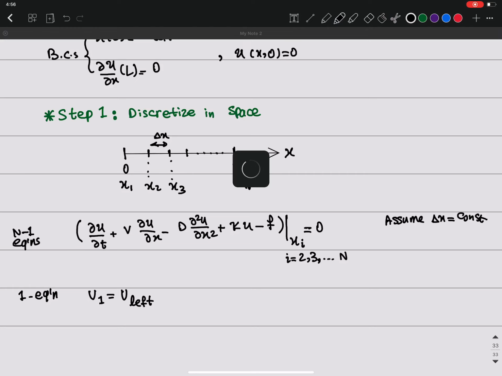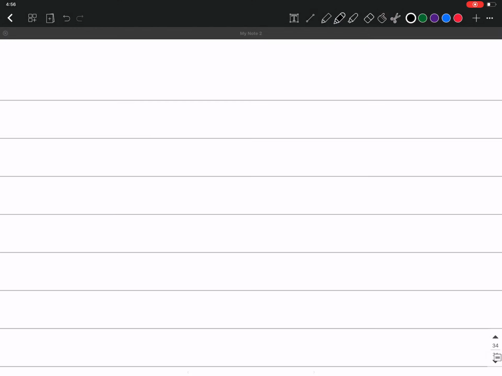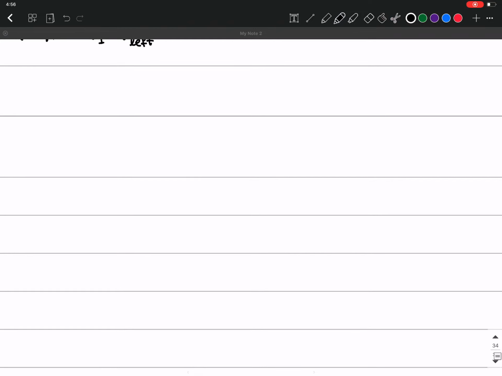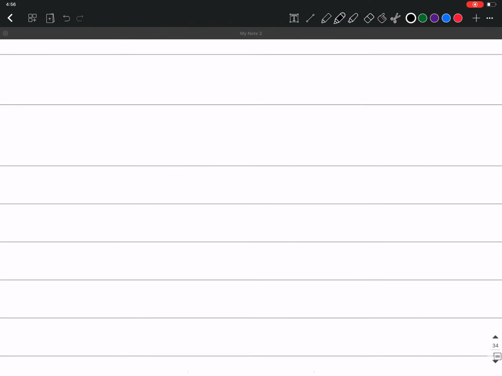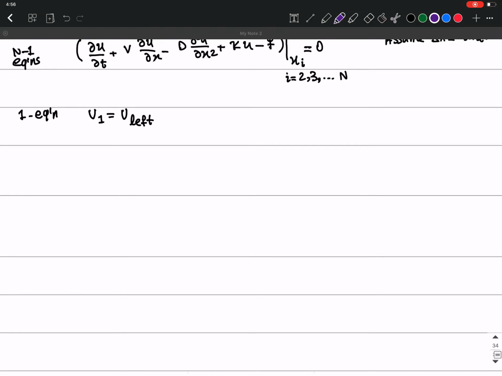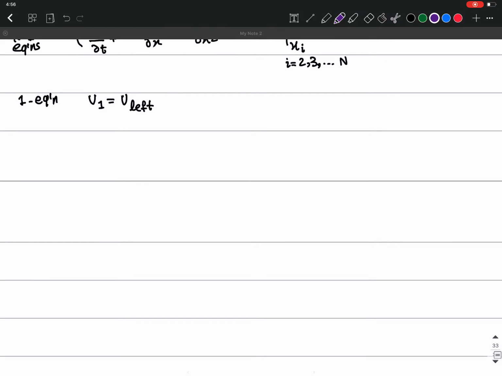So let's see how this looks. So I'm going to have spatial finite difference approximations.